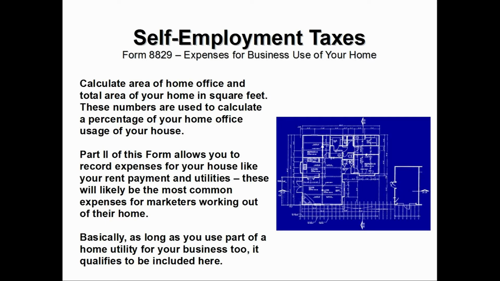If it was something just for your business, then those would be direct expenses. And that's used in the calculation because that percentage really only applies to your indirect expenses.